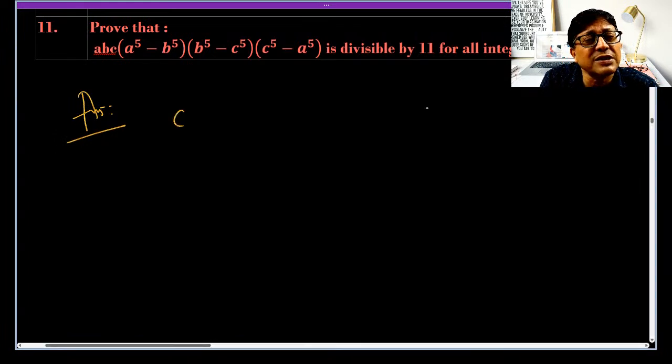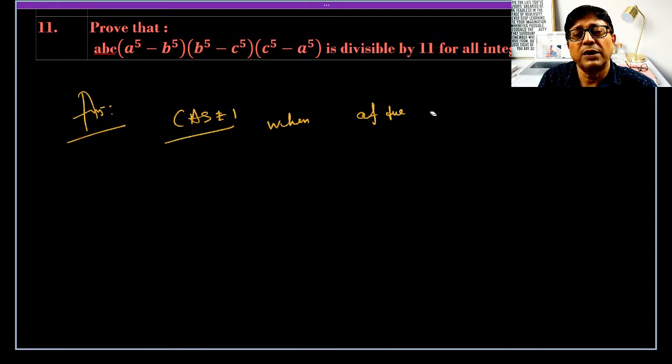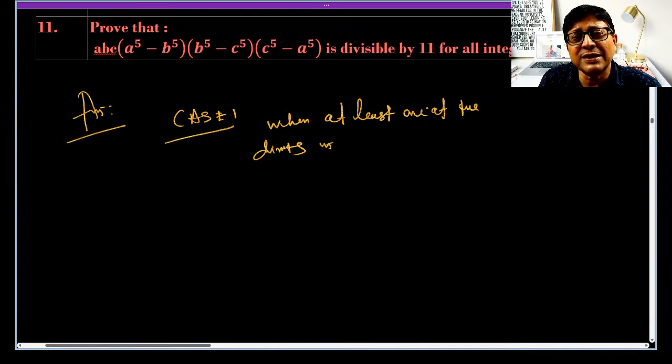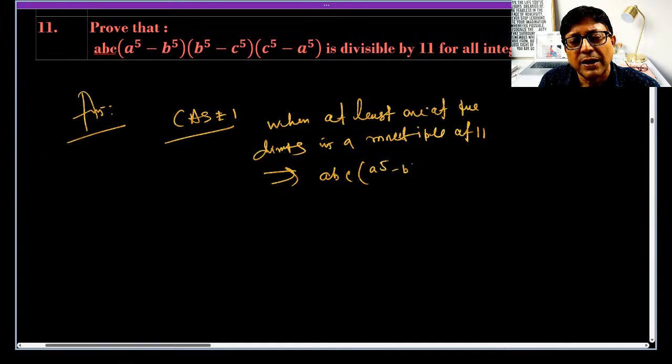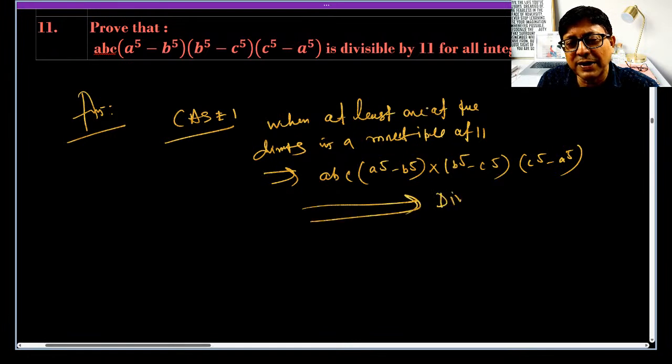To prove this, we just consider case 1. When at least one of the integers is a multiple of 11, this implies that this is divisible by 11.